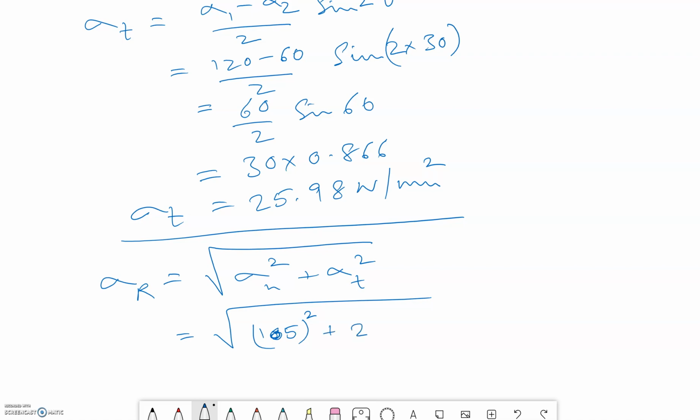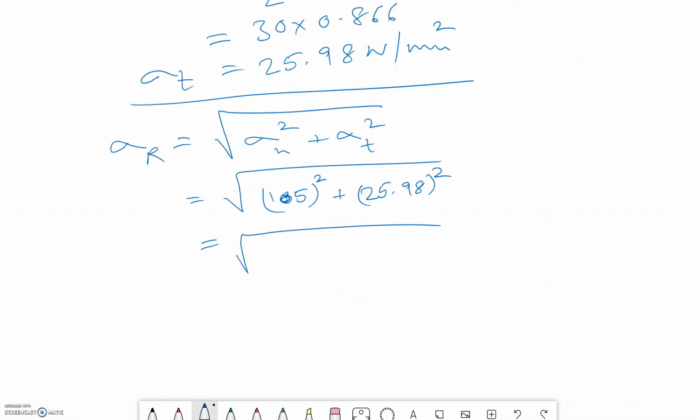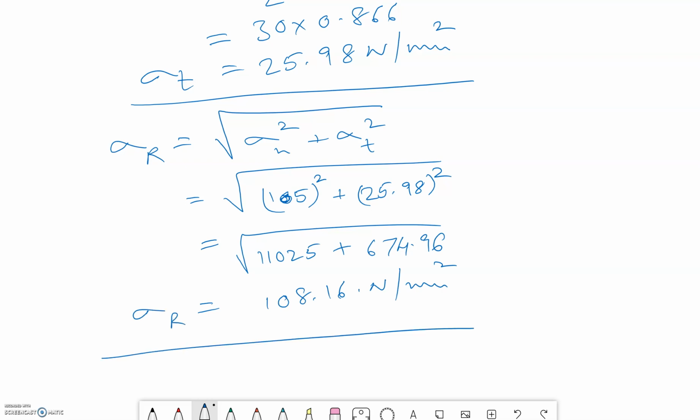And sigma t is 25.98 squared. Root of 11025 plus 25 squared is 674.96. And then solving this, you get 108.16 Newton per mm squared. This is sigma r. That's your first problem.